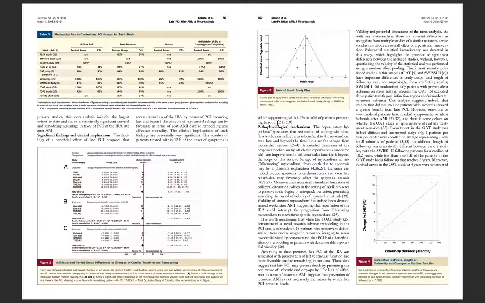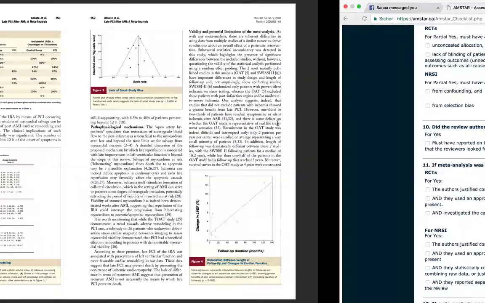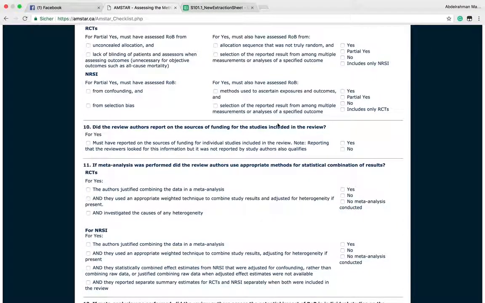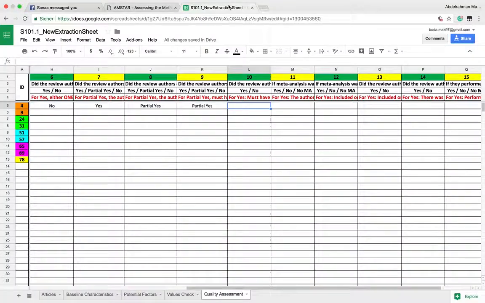So don't write funding, just write fund or so on, because the study may be written in this way: we were funded, or the study was funded by, not the funding of the study and so on. So write fund and see. So they didn't say if it was funded and by whom.